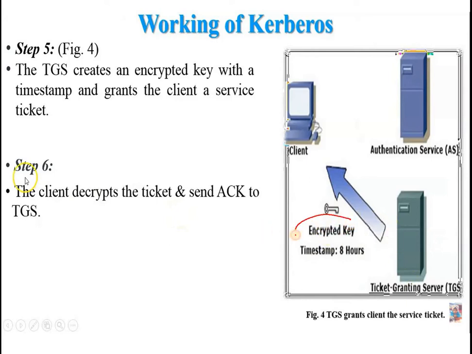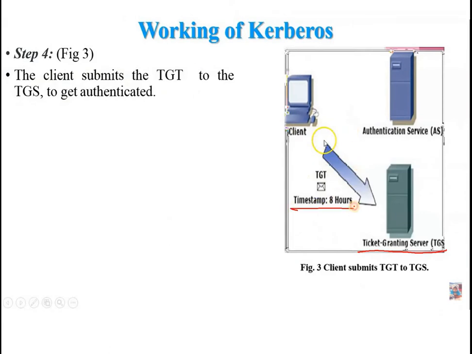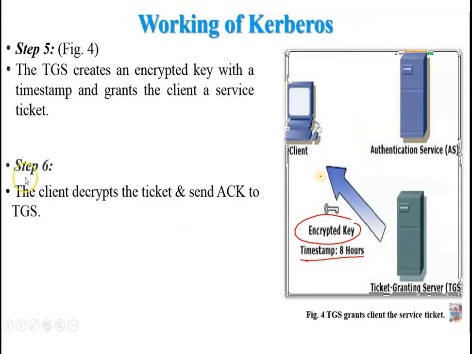It creates an encrypted key with the timestamp which is given by the client. The client has given the timestamp, and the same timestamp is given back to the client again, along with the encrypted key.